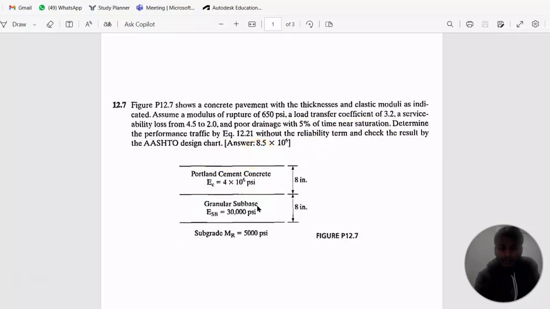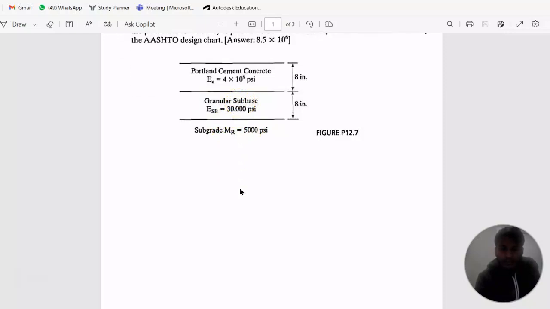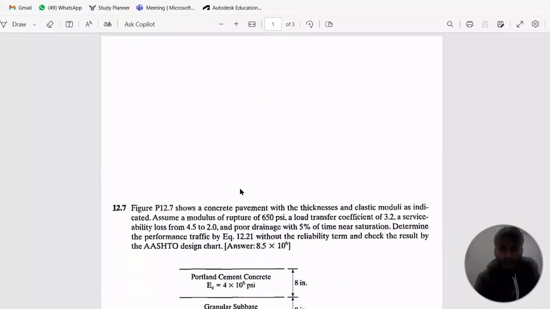So let's see. It's shown here that D is equal to 8 inches according to the figure, and we have the values of subgrade, granular sub-base and Portland cement concrete, as EC is equal to 4 into 10 power 6 psi, and ESB and subgrade MR. Now we can go to the problem.